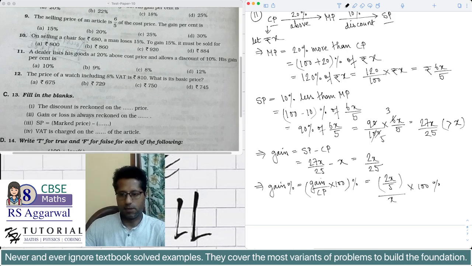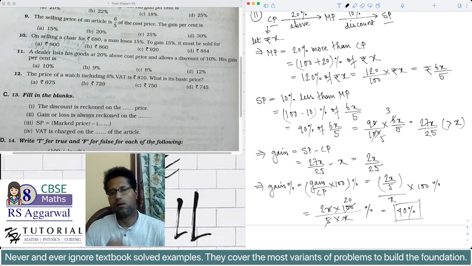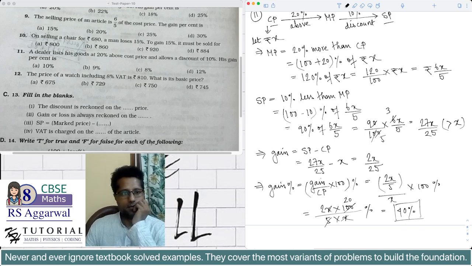So this is equal to 2x multiplied by 100 divided by 5 into x. X cancels out, 5 divides 100 with 20, this is equal to 40 percentage. So the gain percent is 40%, and we do not have any choice.